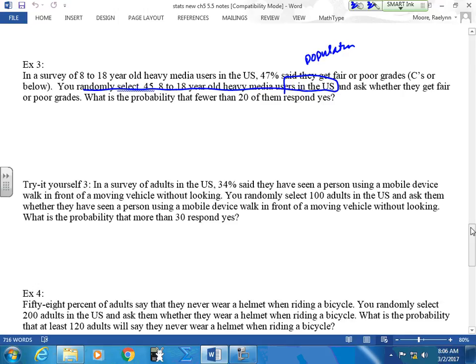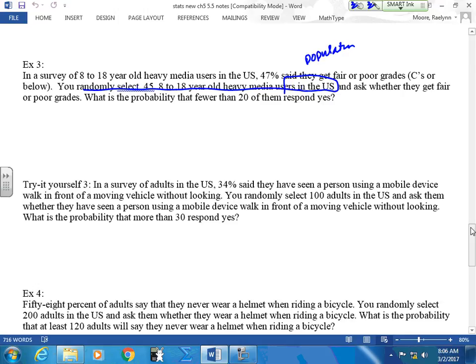You're selecting N, but it didn't say a sample of. You're just selecting 45 people from the population, and that's going to be my N. I'm not taking different samples and taking their means. This is back to normal z-scores. You asked whether they got fair or poor grades. What will their answer be? Yes or no. Is this binomial so far?